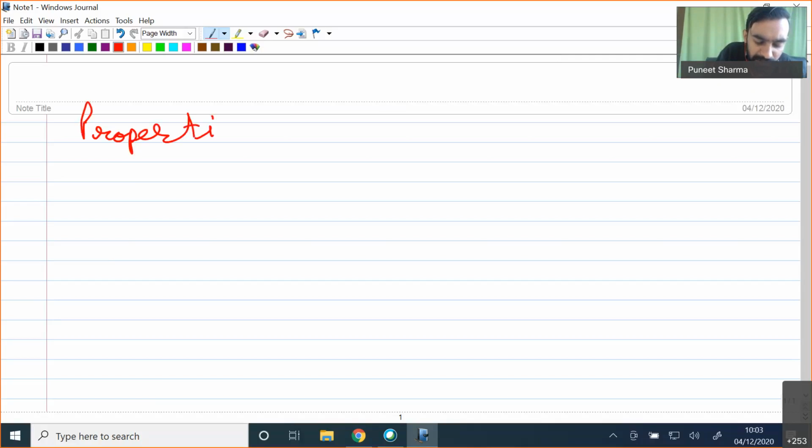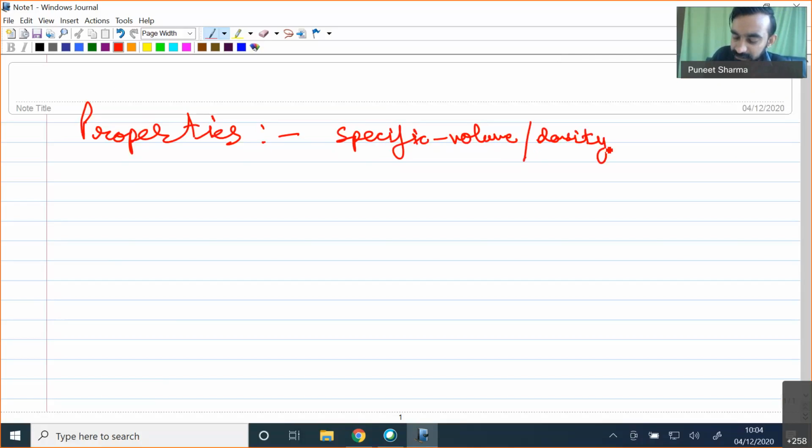In this particular regard, we have actually discussed one property that particularly we have called as our specific volume, and we have seen that reciprocal of this specific volume is nothing but our density, and this property is an intensive property of the thermodynamic system.